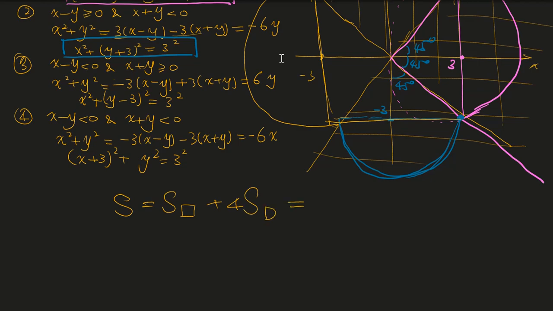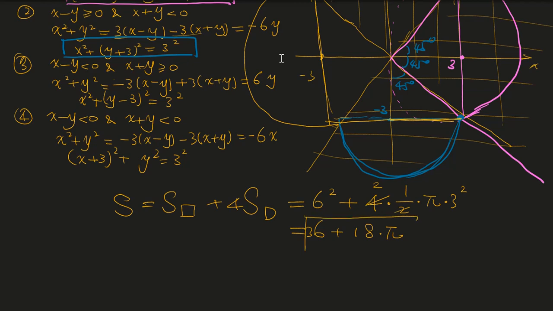Which equals 6 squared plus 4 times half times pi r squared. What is the radius of each of these semicircles? That is 3, so that's 3 squared. Therefore, this equals 36 plus, let's cancel the 4 with 2, we have 2 times 3 squared, that's 18 times pi.